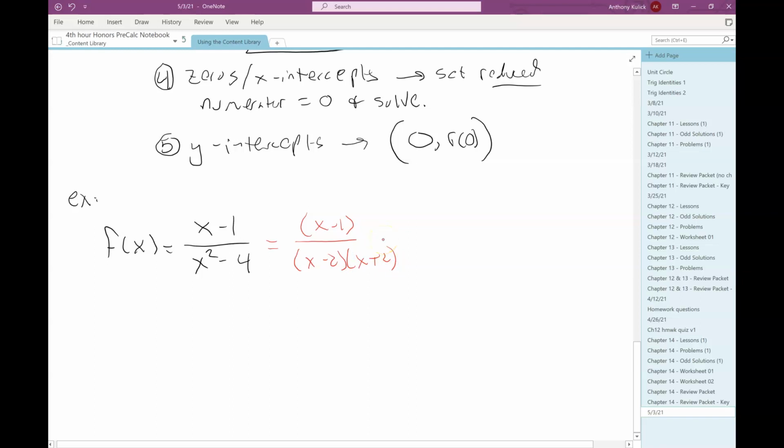And I notice that there's no reducing that can be done because none of the factors in the numerator and denominator are identical. Everybody's good with that? So I'll find my vertical asymptotes by just taking the denominator and setting it equal to 0. And then solving. So my vertical asymptotes are at 2 and negative 2.